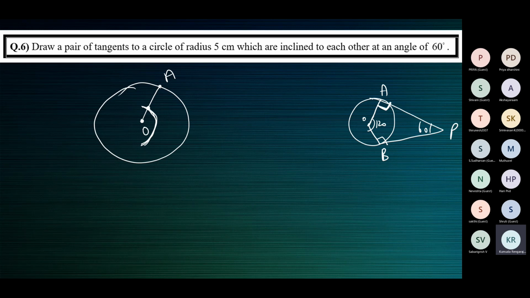Put your compass here and cut an arc with the same radius. Now put your compass here and cut another arc. So this is 60 and this is 120. If you join this, it will be 120, and you got B. So A you can take by yourself, but B you cannot take by yourself.